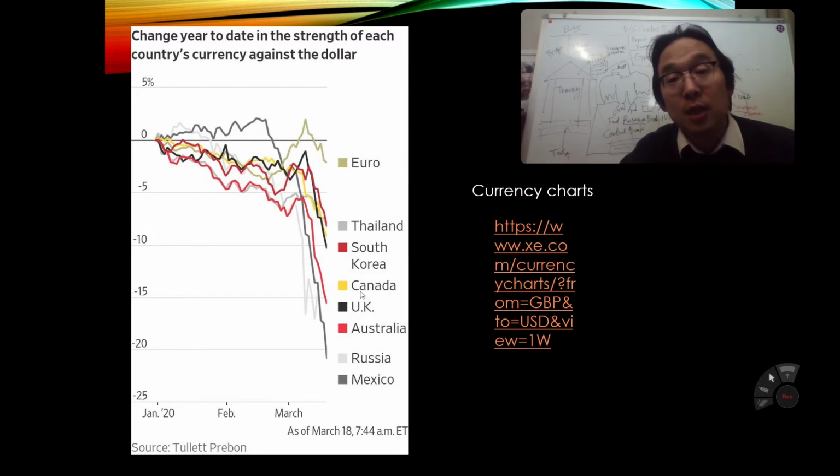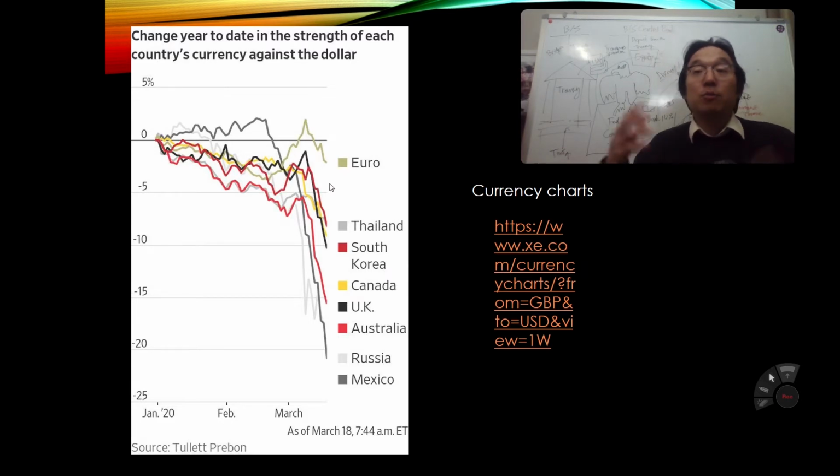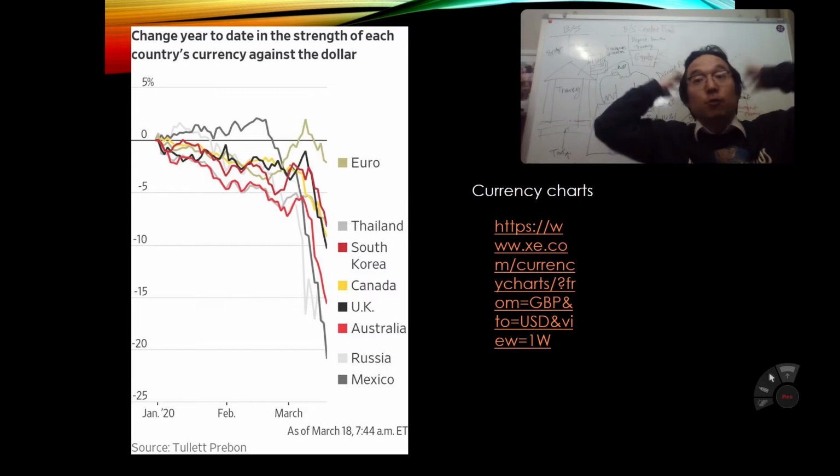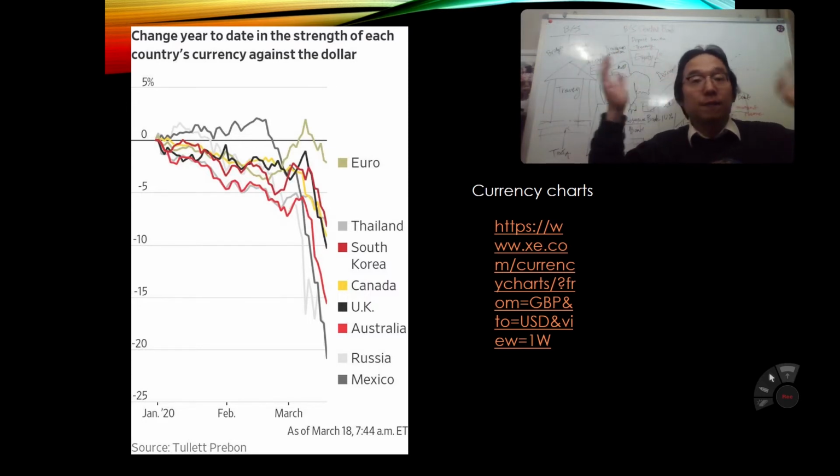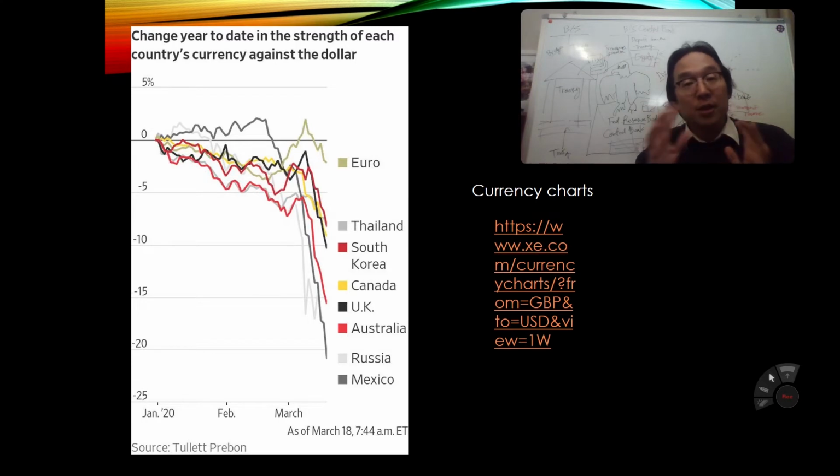So let's see, Korea, the dark red over here, okay? And another red is Australia, the red below. And some others like the euro are staying on par, right? People seem to be pretty much equating dollars and euros. They are equally safe assets, but the rest of the currencies are in trouble.